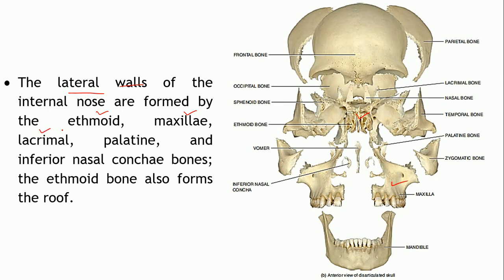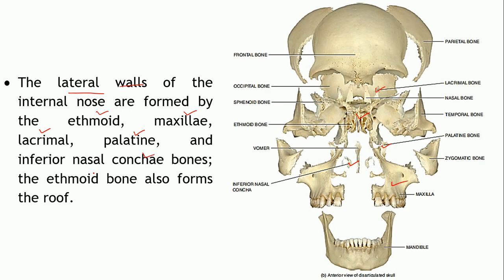The lacrimal bone, that is the one. Okay, then the palatine bone, this is the one. Okay, and the inferior nasal conchae bones. We will consider these inferior nasal conchae again in detail. Okay, so these are the different bones which form the lateral walls of the internal nose.